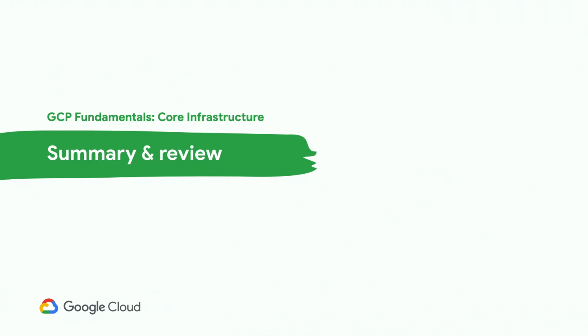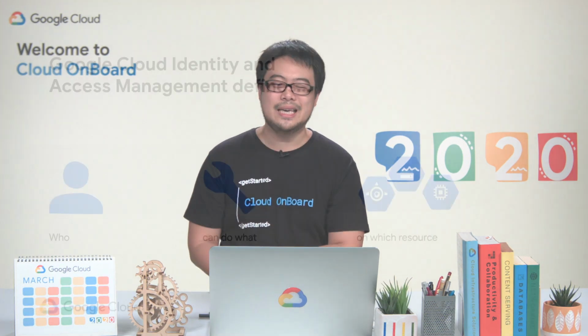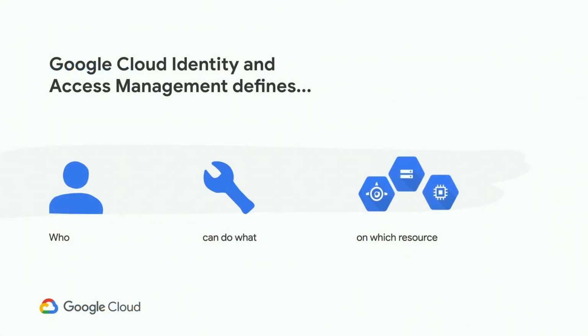Oh my God, that's really fast. It's a day, and our training is almost finished, so let's see what we have done. We learned about IAM, of course, a very important thing, with everything based on security. So you need security, and what we do in Google Cloud Platform is IAM, which is Identity and Access Management: who can do what on which resource.